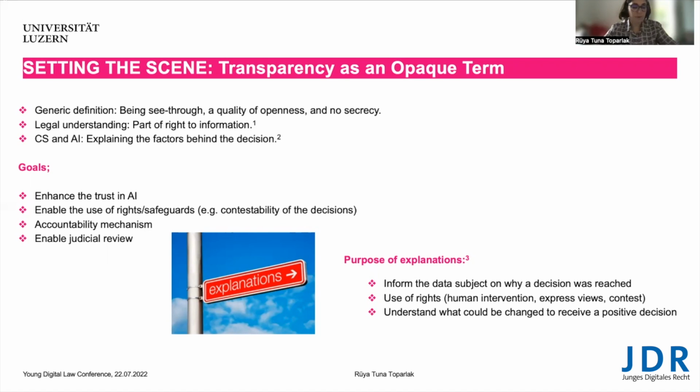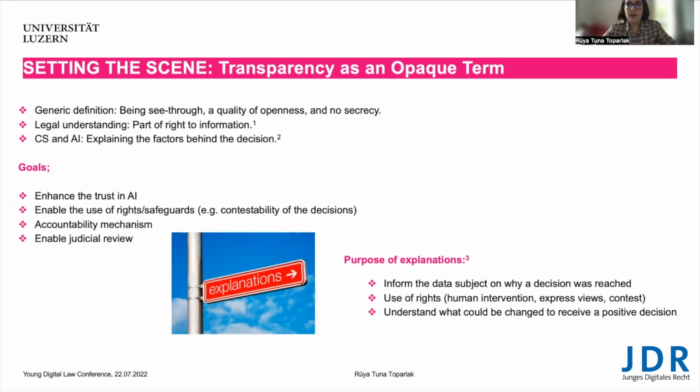It should involve making explicit how the particular set of factors which determine the outcome affected the conclusion reached. So to better understand how this comes together in the regulatory setting, we can see the goals transparency serves, which is enhancing trust in AI, enabling the use of rights and safeguards in the accountability mechanism, and enabling judicial review of that decision.